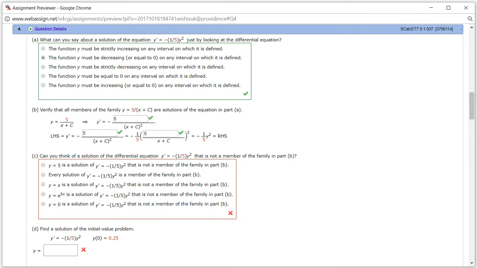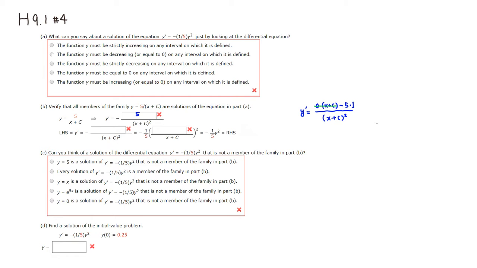All right, part C, can you think of a solution of the differential equation, same equation, that is not a member? All right, so let's look for the equilibrium solution or constant solution. We can set the right hand side equal to 0 and let's see what happens. You see that if you set y squared equal to 0, right?